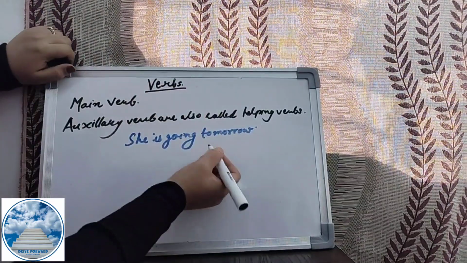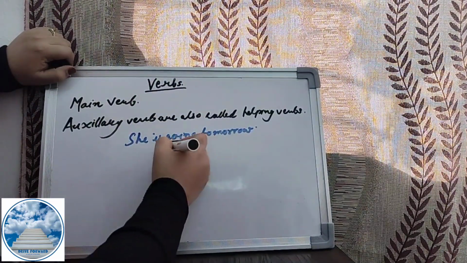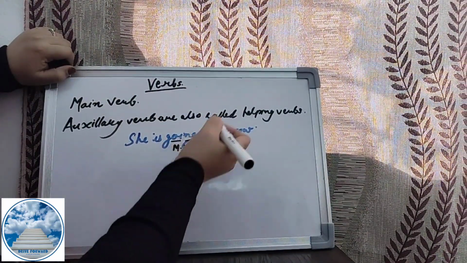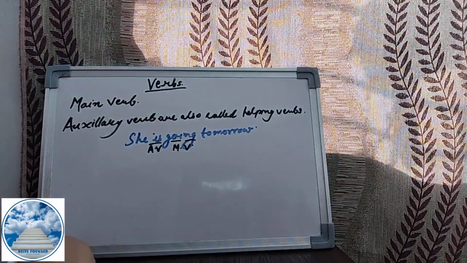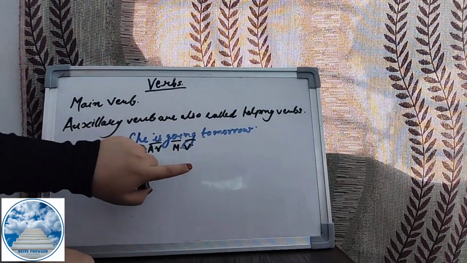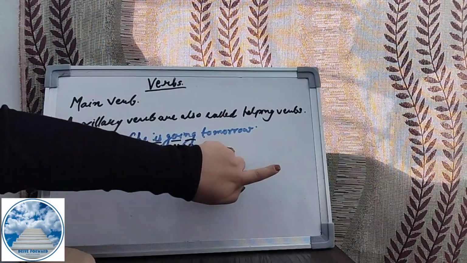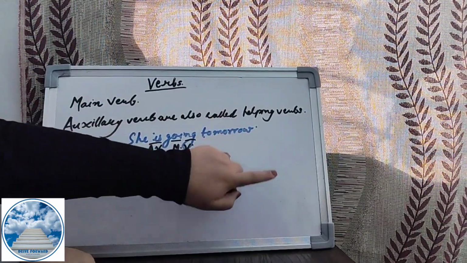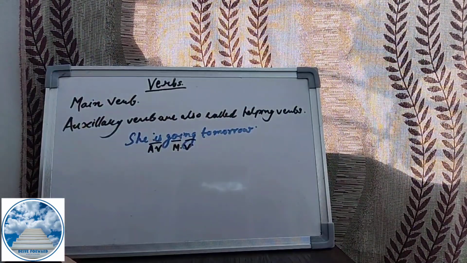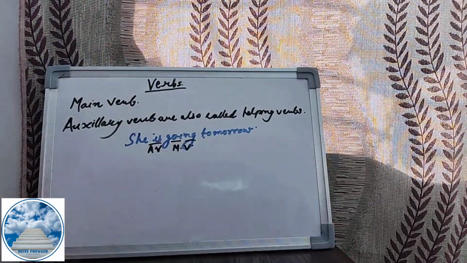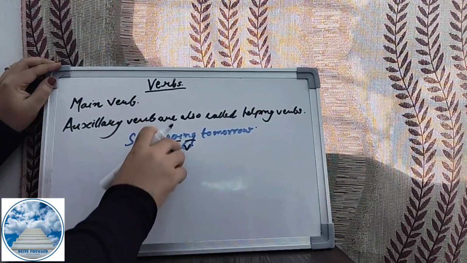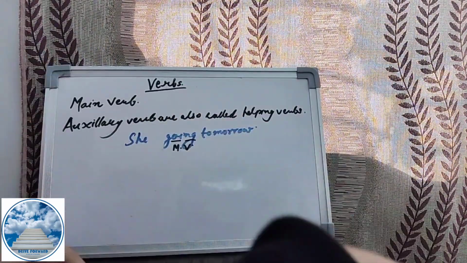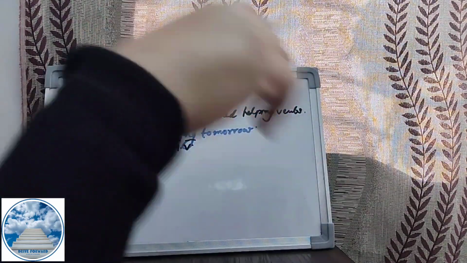So here I'll just talk about the verb. Going is the main verb, and is is the auxiliary verb. So the auxiliary verb is helping the main verb to construct the sentence appropriately and in the correct manner. If I omit is here, will it make sense? She going tomorrow? No, the sentence will be incorrect.